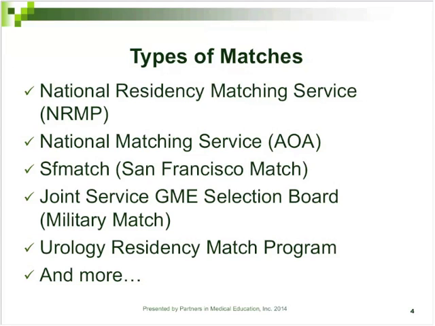So residents or medical students that are part of the military need to match with military hospitals that sponsor GME, and that is done through the military match. Finally, we have the urology residency matching program, which, as you can guess, is specific for the urology residency program. There are a few more, but we're going to focus on the main match, or the NRMP, as we move forward in our presentation.